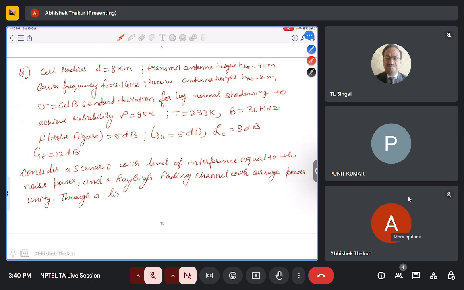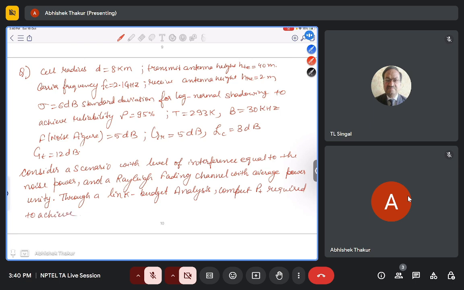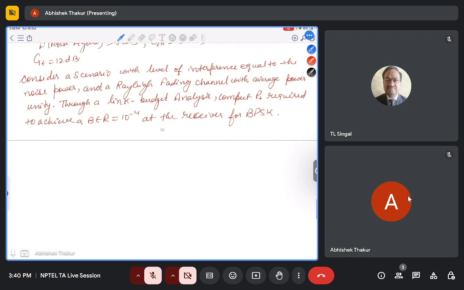Through a link budget analysis, compute the transmit power required to achieve a bit error rate of 10 to the power of minus 4 at the receiver for BPSK modulation. So this is a very long question, so we'll solve it one by one.